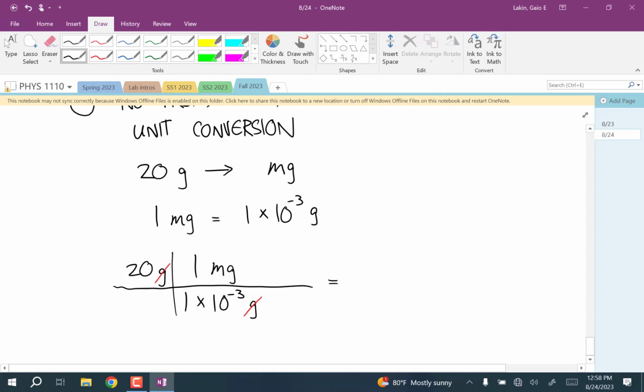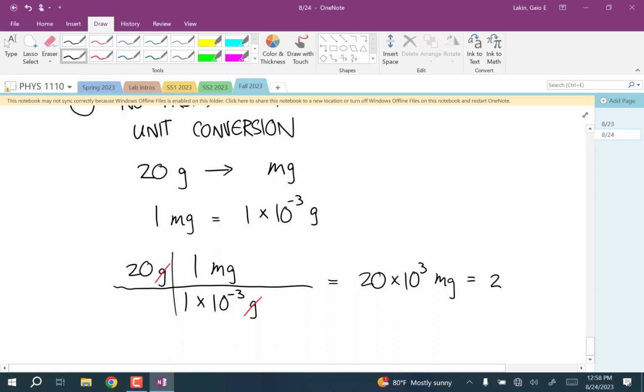So this is 20 times 10 to the positive third milligrams. To get that in scientific notation, you divide the 20 by 10 to make that 2, which means you multiply the 10 to the third by 10 to keep the overall number the same.